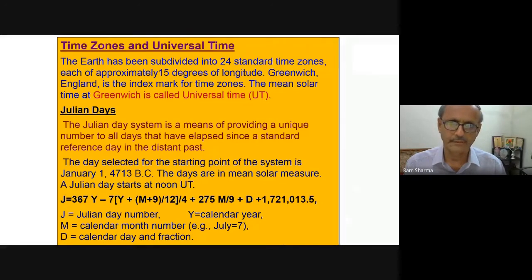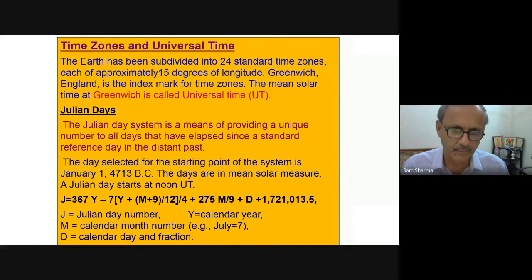Greenwich time is called universal time, where Greenwich is a place in England, and with respect to that we compute our east longitudes or west longitudes, which is 0 there. So this J can be calculated.